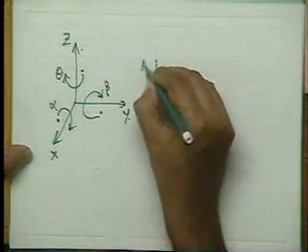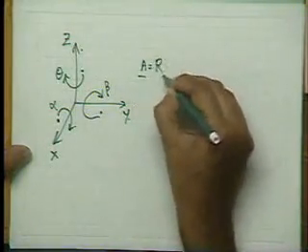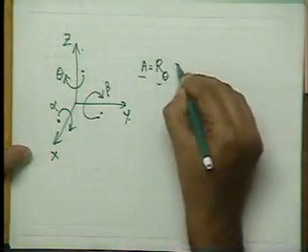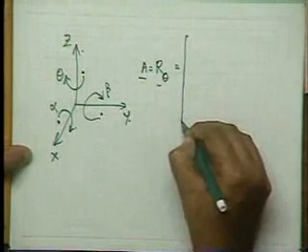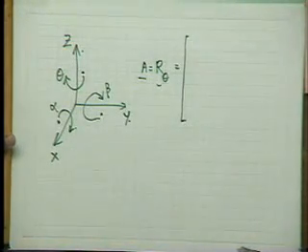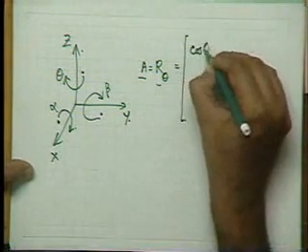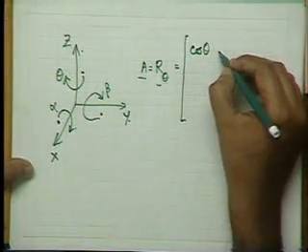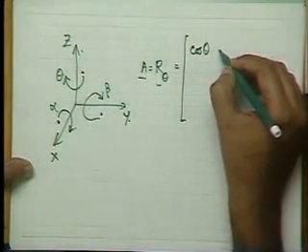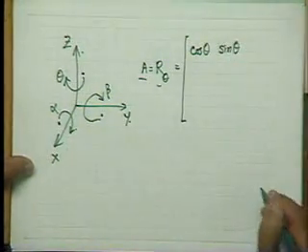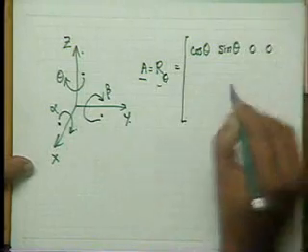So if there is a rotation in the theta direction, that is to say rotation about z-axis, in that case the transformation matrix A will be written as a matrix R theta. And can you tell me what will be the elements of this matrix R theta? Cos theta, sin theta, 0, 0.